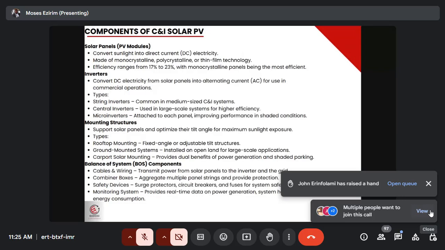There can be an installation resistance, there can be a lot of issues that can come up. Once those issues come up, they can hinder generation. So once they hinder generation, you need to spot that and proceed to the site to fix it. So that is why among the BOS, the monitoring system is very, very key. You understand? So all these BOS are going to form your BOM. BOM means bill of materials. You understand? So we are going to see all that.